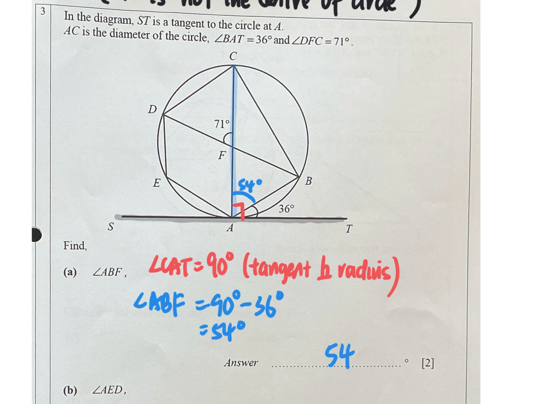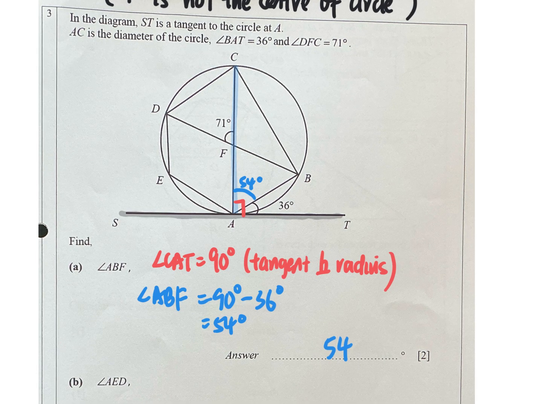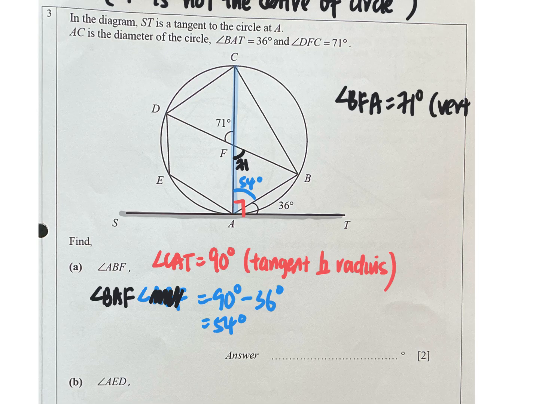Okay, next one, I want AED. That's not ABF. AB. Oh, wrong one. Okay, not done yet, sorry. So after you find the 54, you know that this is 71. This is BAF. Then I also know that BFA is 71 because of vertically opposite angles.